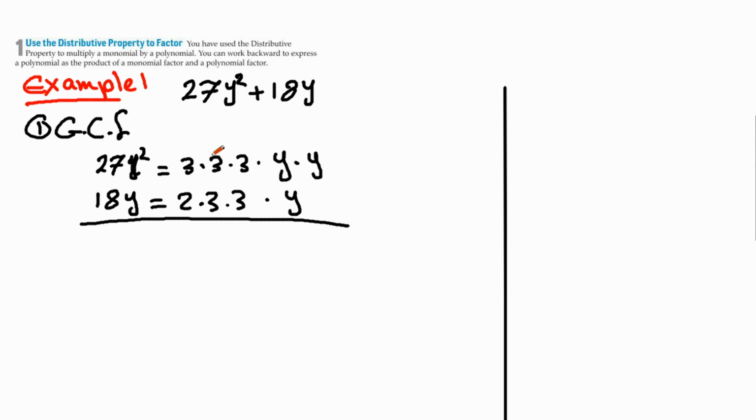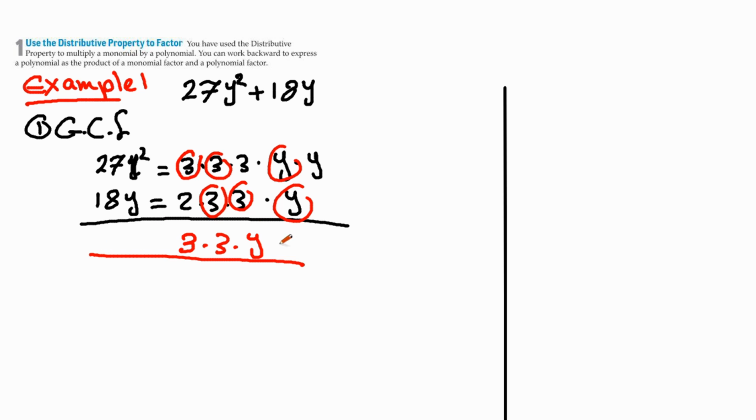Now, to get the greatest common factor between these two terms, we determine the common factors between them. The common factors are 3, 3, and y. So write it as 1 times 3 multiplied by 3 multiplied by y. Now, the greatest common factor will be 9y.